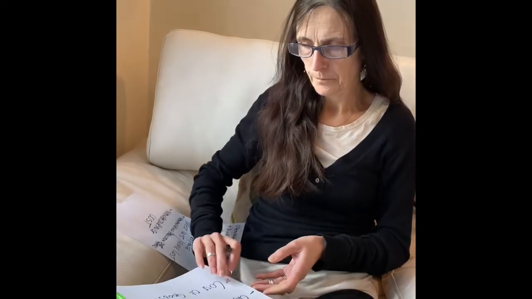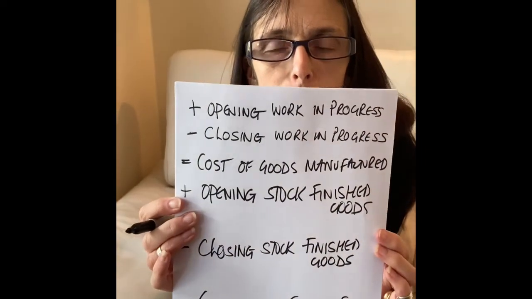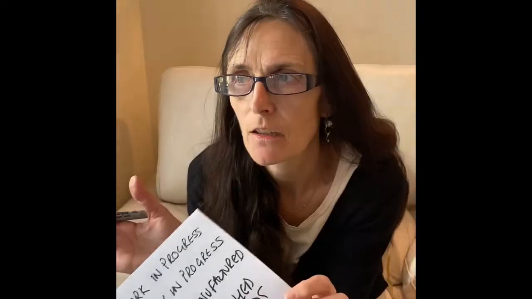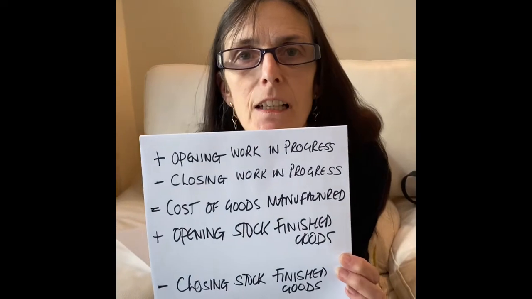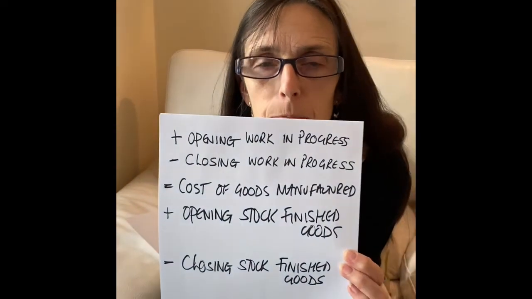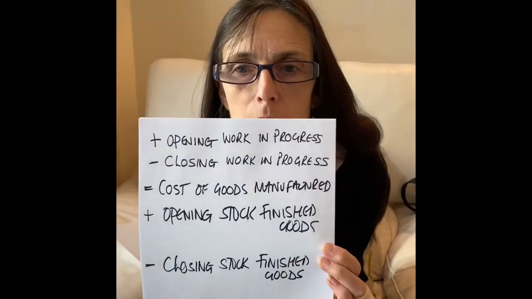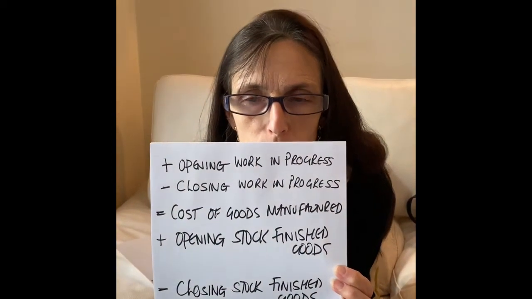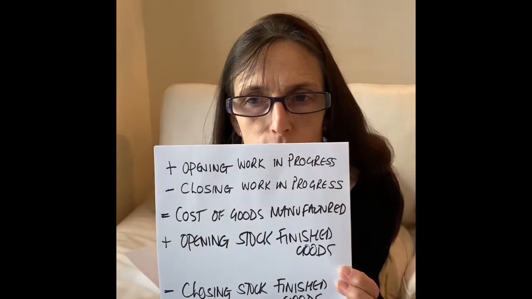and that will equal your cost of goods sold. So after the first section, which deals with the manufacturing cost, the direct cost and the indirect cost of the factory, we then deal with the work in progress. We add our opening stock of work in progress minus our closing stock of work in progress. That gives us the cost of goods manufactured.